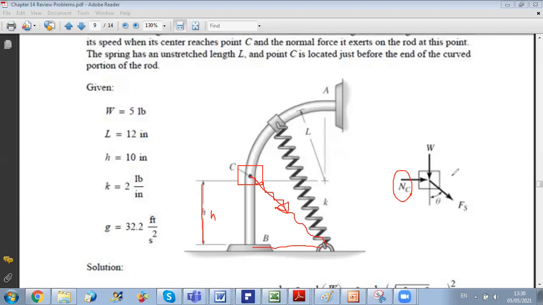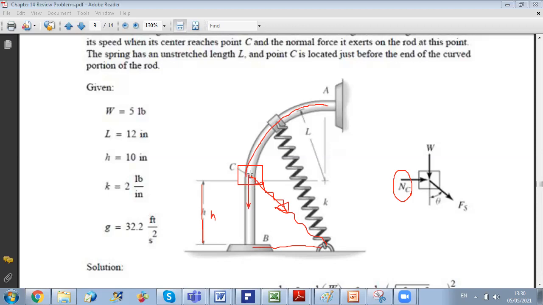Now, to write Newton's law, we should use a frame. Since the collar, when moving from A to C, is moving on an arc of a circle, directly think about using normal-tangential coordinates. So with normal-tangential coordinates, the tangential coordinate is tangent to the path.